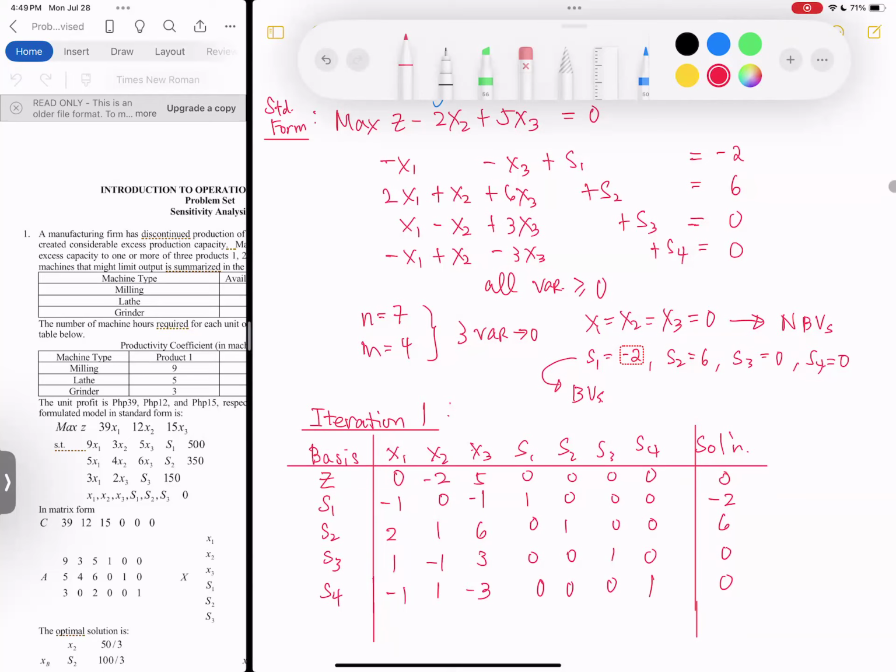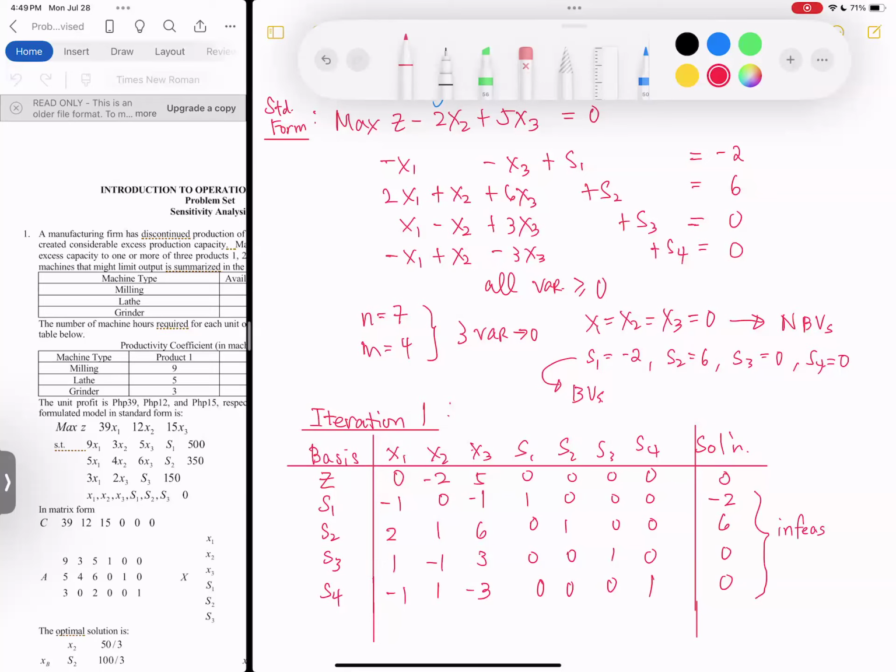So, ito. Now, if you look at the solution column, di ba? For us to solve using dual simplex method, we need the iteration to be super optimal. The first iteration, we need it to be super optimal. And we know by definition that for a tableau to be super optimal, this side here should be infeasible.